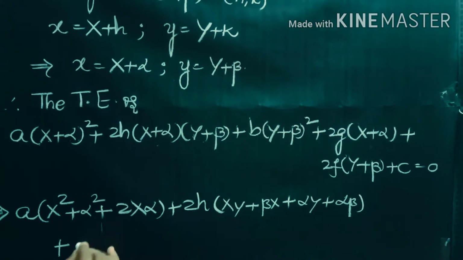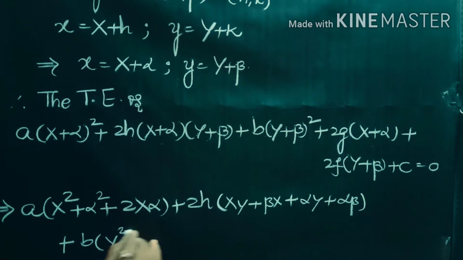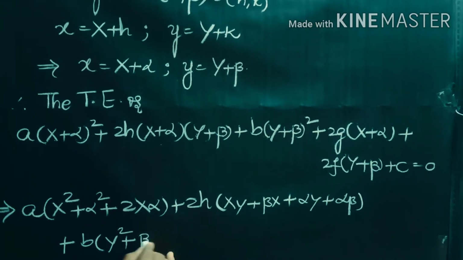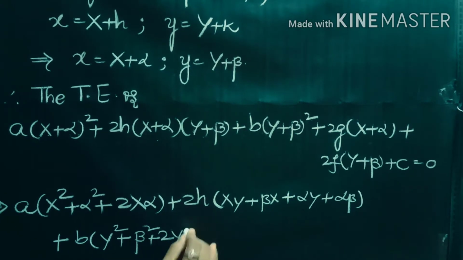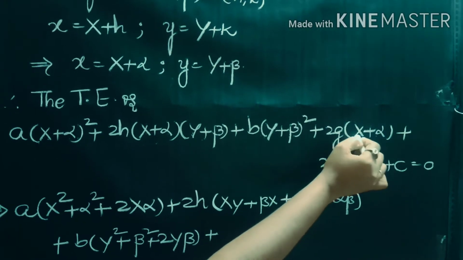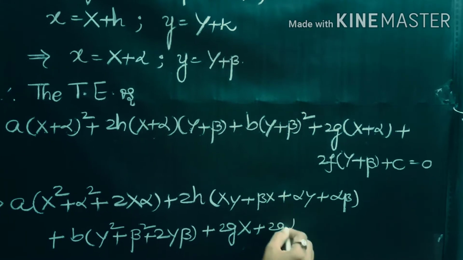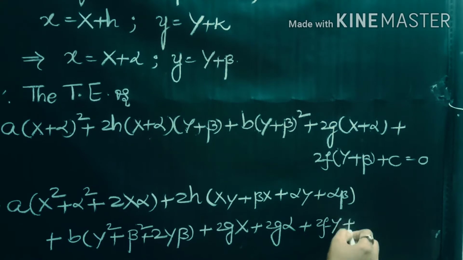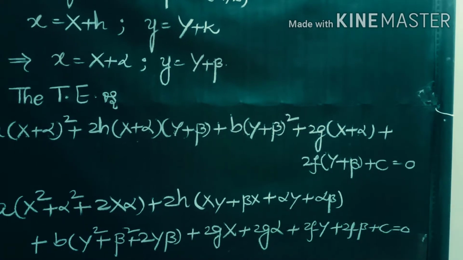Then b into (Y plus beta) whole square gives b Y square plus b beta square plus 2b Y beta. Then plus 2g into X is 2gX, plus 2g alpha, plus 2fY, plus 2f beta, plus c is equal to 0.